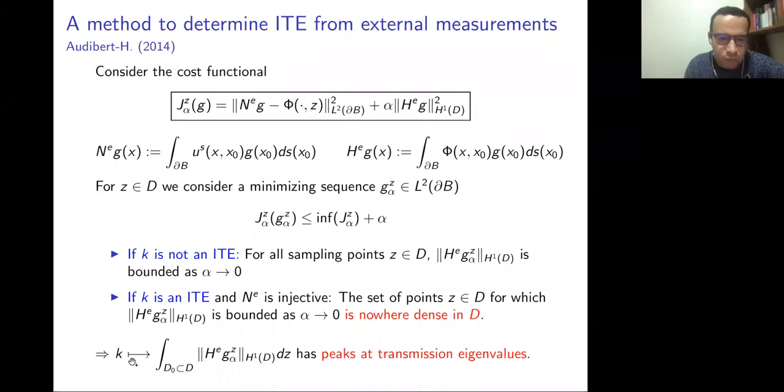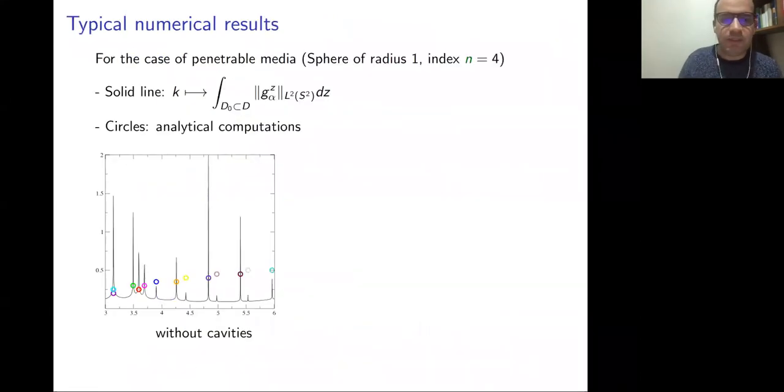It is enough to build this function. You just compute these quantities for a bunch of z's inside D, and you take average values. Since this blows up, it will have peaks at these special frequencies. In fact, this works quite well.